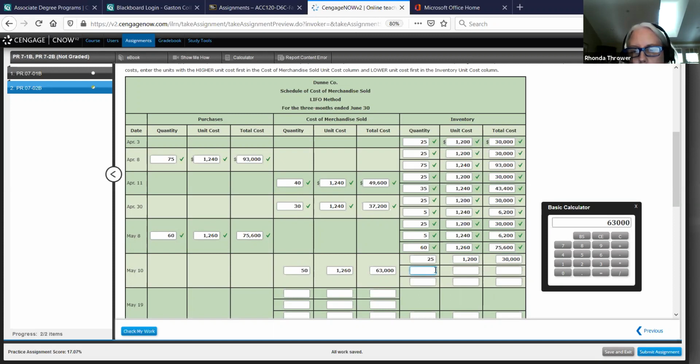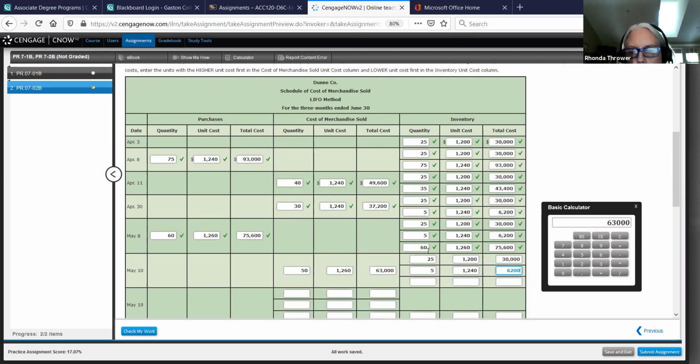You're going to bring down the 5 units that were left over from the April 8th purchase at $1,240, which was $6,200.